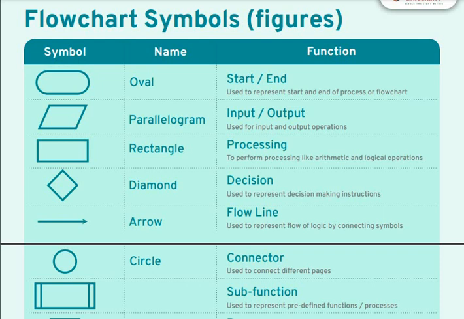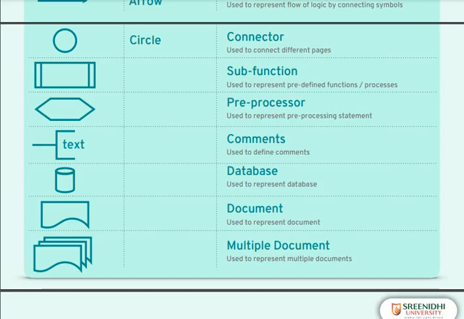Begin and end, that is start and end, we use oval. For input output, parallelogram, for process a rectangle, for decision a diamond, and so on. You can also see the symbols for database, document, and multiple document, and so on.